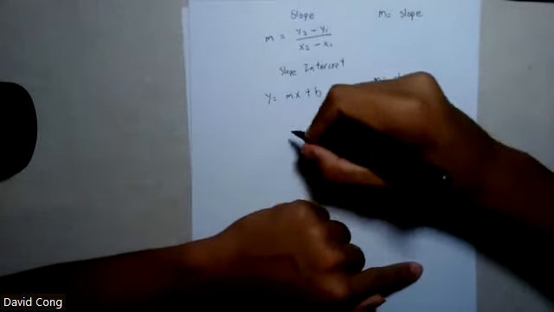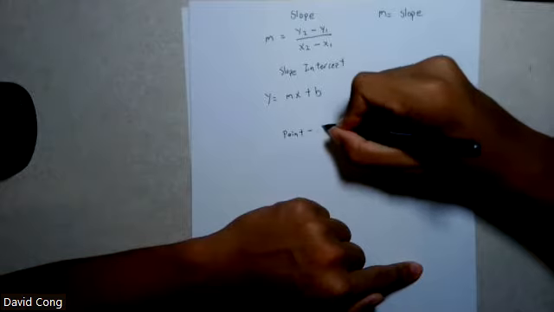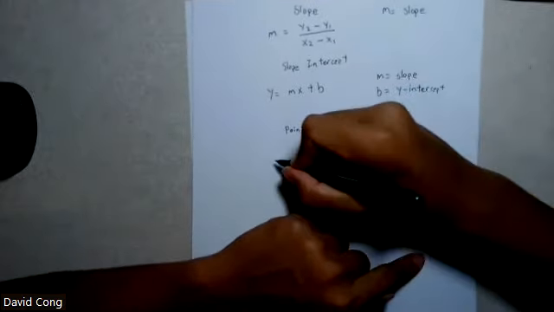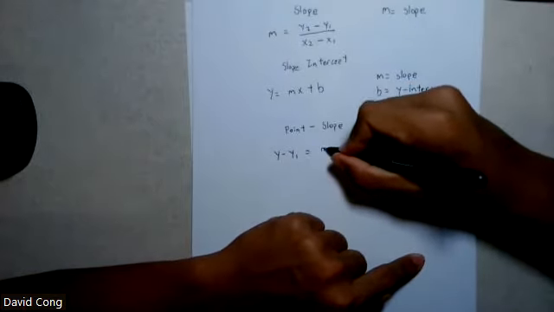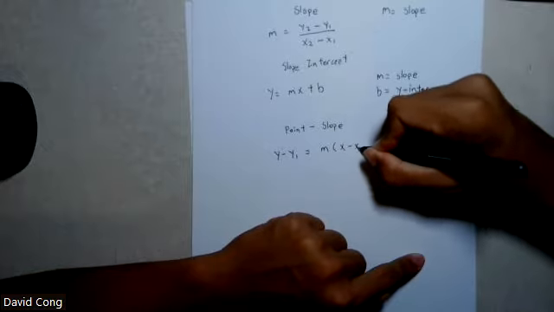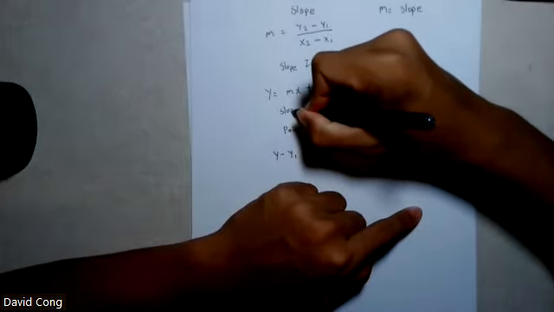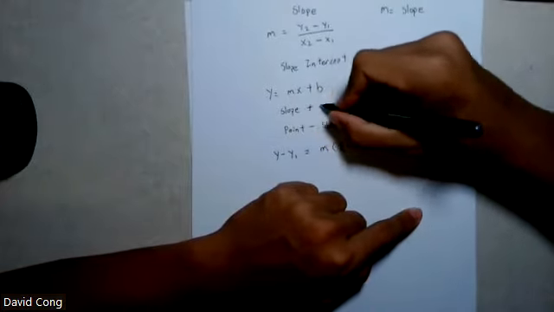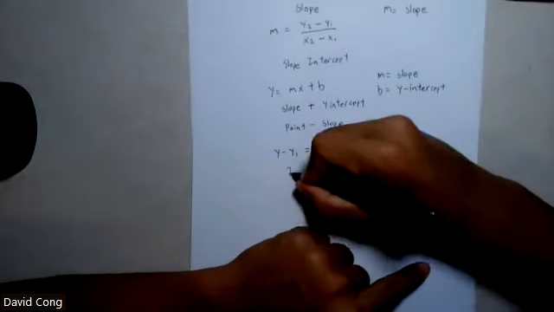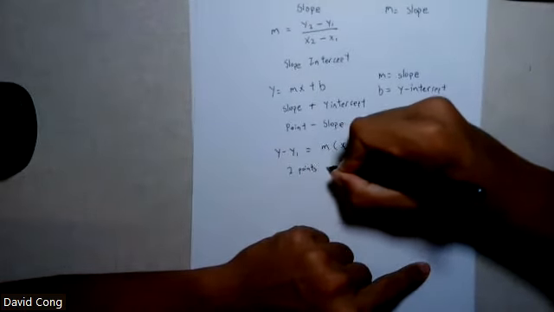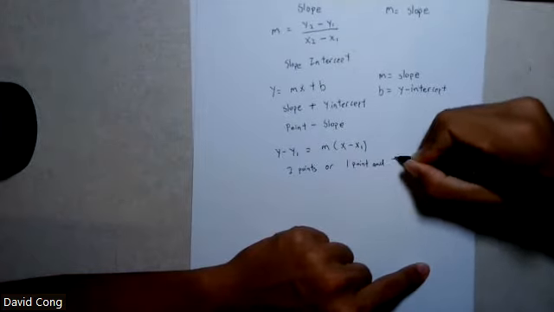And now we have the third form, which is point slope, which comes in the form of y minus y1 equals m times x minus x1. We use this when we have the slope plus the y-intercept. We use point slope when we have 2 points or 1 point and the slope.